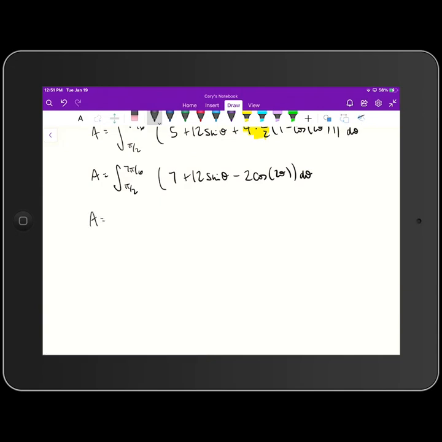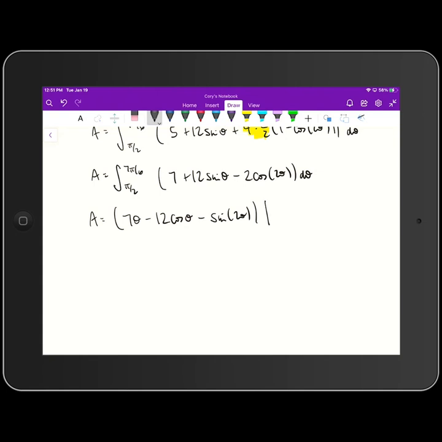So the area here is going to be the antiderivative of 7, which is 7 theta. The antiderivative of 12 times the sine of theta is going to be minus 12 cosine of theta, minus the integral of 2 times the cosine of 2 theta, which will be 2 sine of 2 theta divided by 2, which is going to become just the sine of 2 theta.